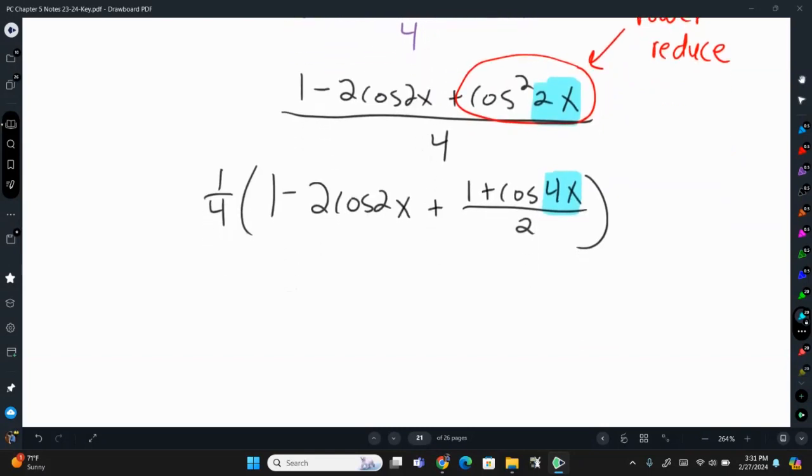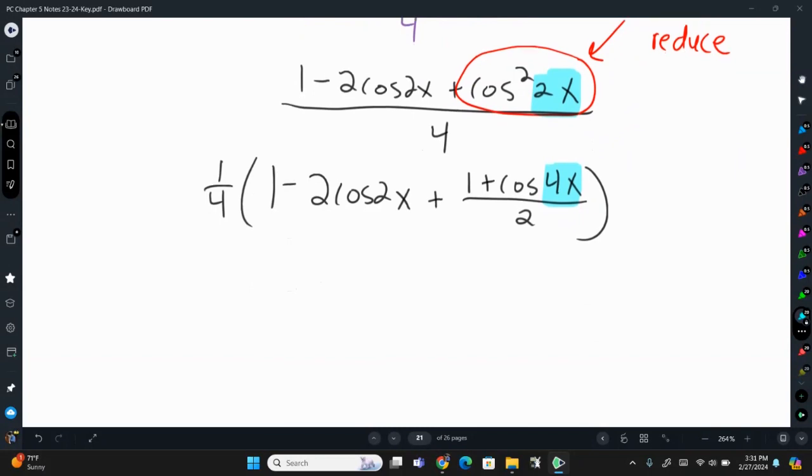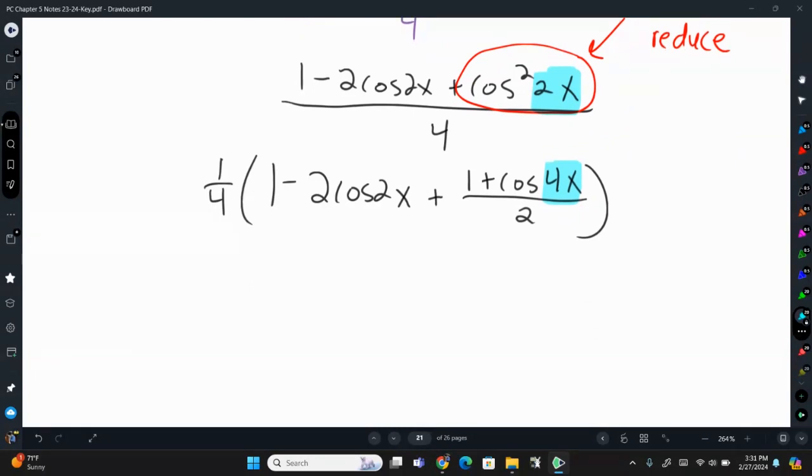All right, so now I'm going to rewrite this and factor out a 1/2 again. But when I factor out a 1/2 from these two terms, I'm actually going to be multiplying those by 2.